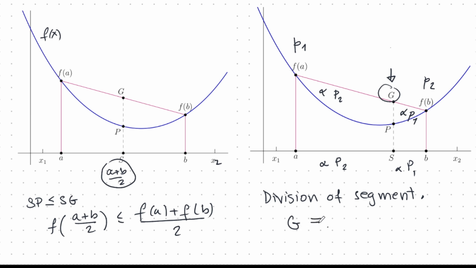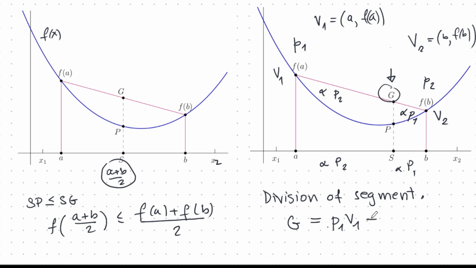Okay, so G is going to be P1 V1, and V1, what is V1? V1 is (a, f of a), like that. And V2, point vertex, this is going to be like my vertices. V2 is (b, f of b), like that.